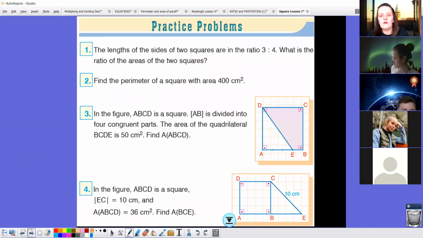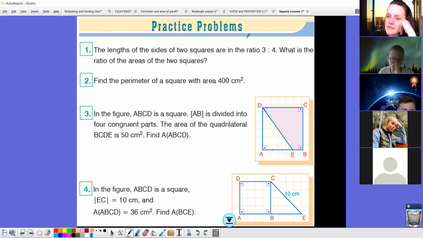Okay. Now here in practice problems, the first one, let's check. The length of sides of 2 squares are in the ratio 3 to 4. What is the ratio of the areas of the 2 squares? What do you think?